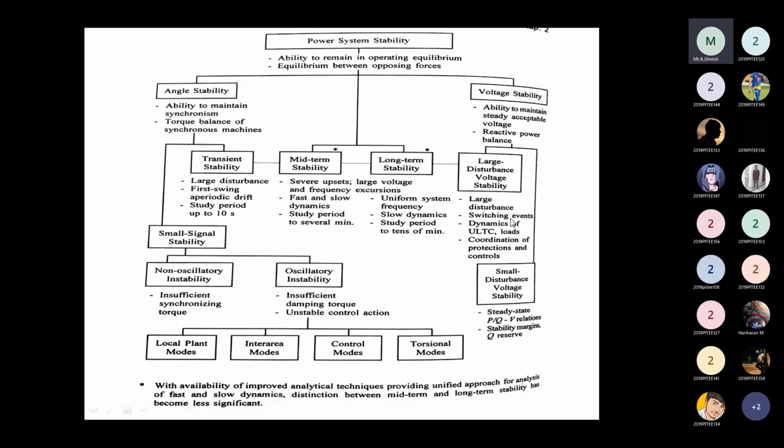Switching events in the sense the operation of relays, the operation of circuit breakers, the operation of all things should happen dynamically. So only utilization of dynamic loads is possible in large disturbance voltage stability. And next one is coordination of protections and control.